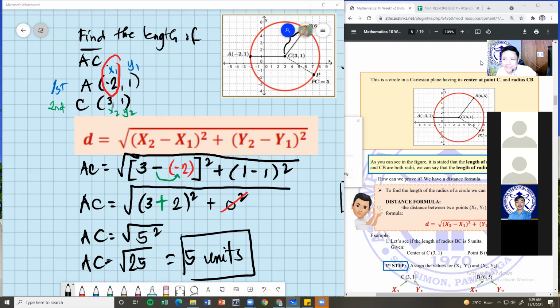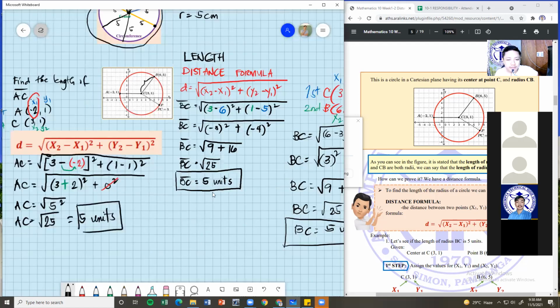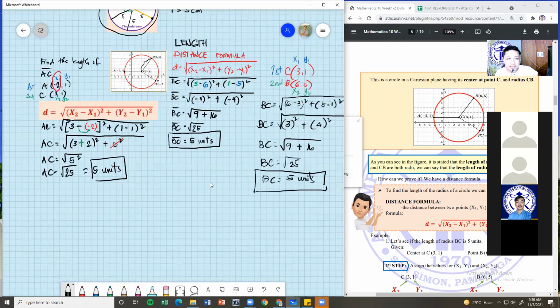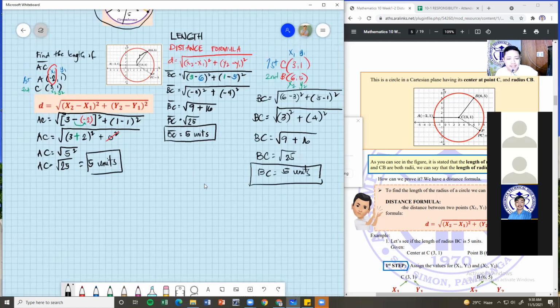Okay, pero yung iba gusto nilang mag-explore at gusto nilang mahirapan ng konti at maging exciting ng konti yung buhay nila. They assign different orders for their first and second point. Again, there will be no problem if that's the case, kasi whichever point you assign to be your first or the second point, the answer will just be the same. Look at this.